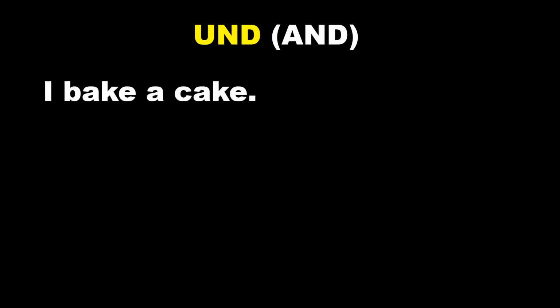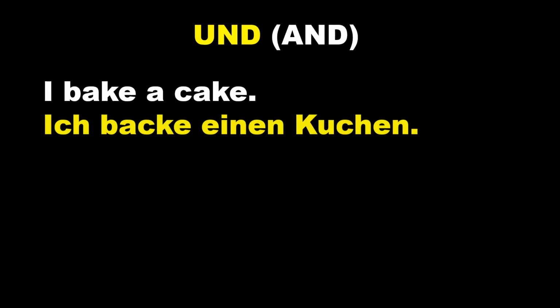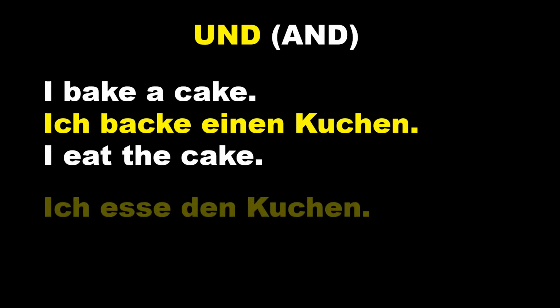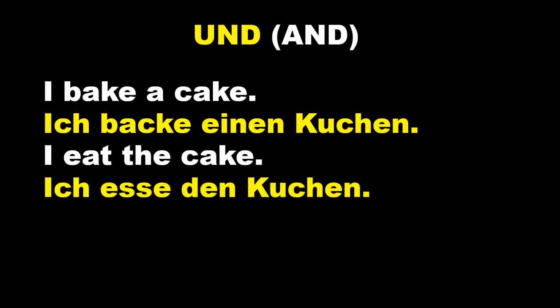Let's see the example. I bake a cake: Ich backe einen Kuchen. I eat the cake, second sentence: Ich esse den Kuchen. Now we have two sentences, and we have to combine them.